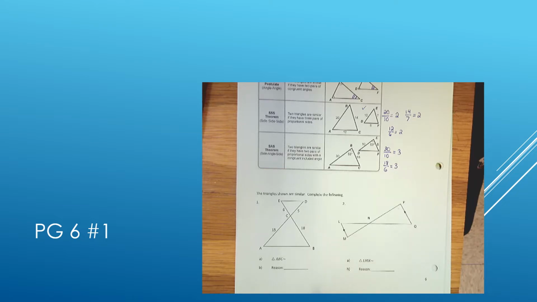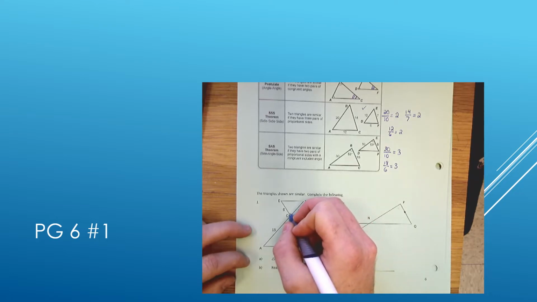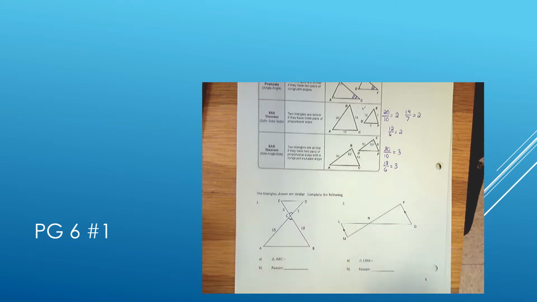The things we can assume if we see it in a picture are vertical angles and reflexive sides. This one has vertical angles. Vertical angles are the angles that are directly across from each other, and they're going to be congruent. So I know the angle for both of these triangles is going to be congruent right here because of vertical angles.